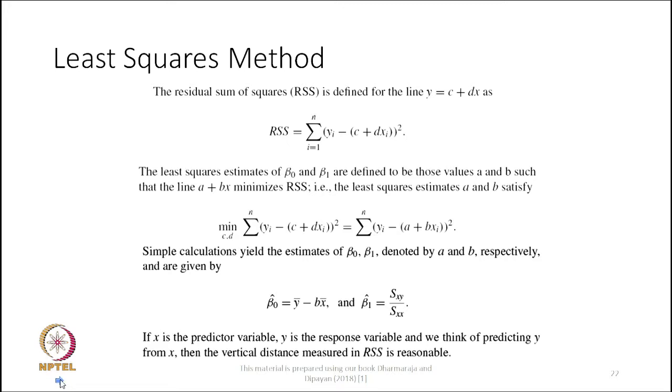So, this s x x and s x y are variables already defined earlier, in the analysis of correlation. Using the same definition, one can get beta 1 cap, that is b. That b can be substituted in beta naught cap to get the estimate of beta naught cap.